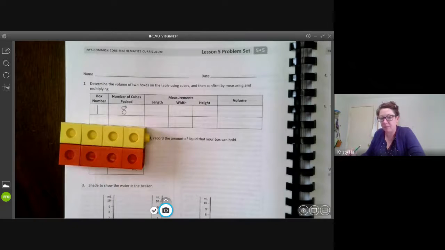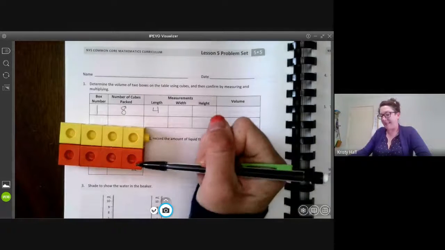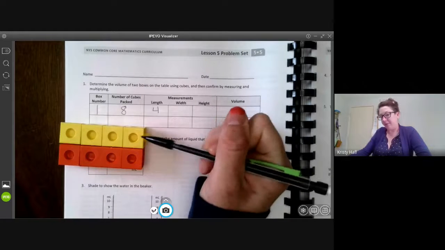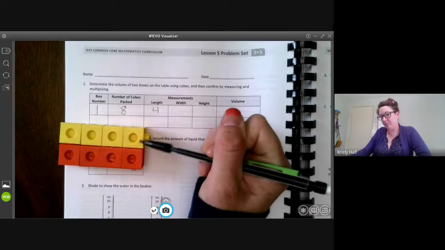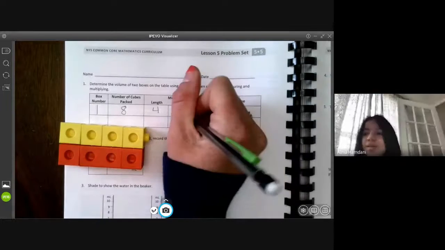Did I lose Summer? Somebody else help me out. How long is this figure? 4. Good. And what about the width? How wide is it? Let's count along the other side. What's the width? 2. Good job.